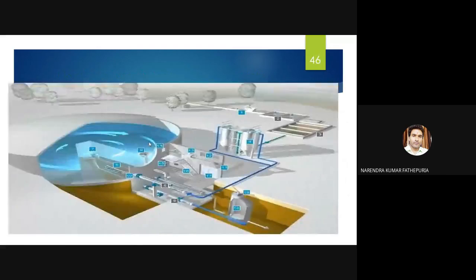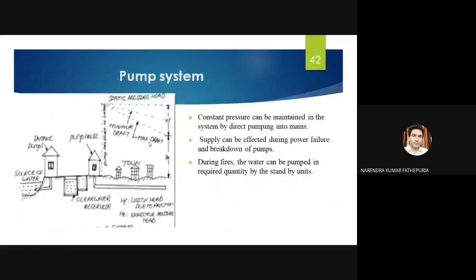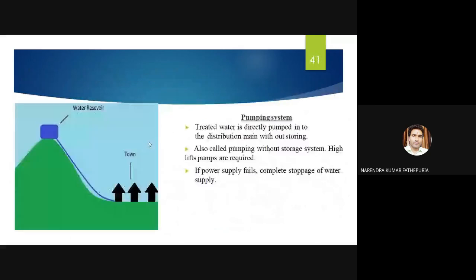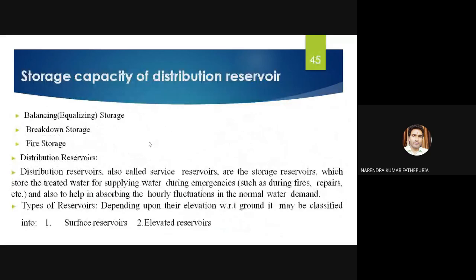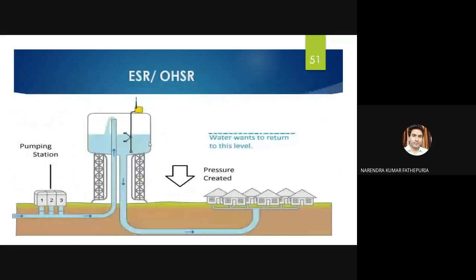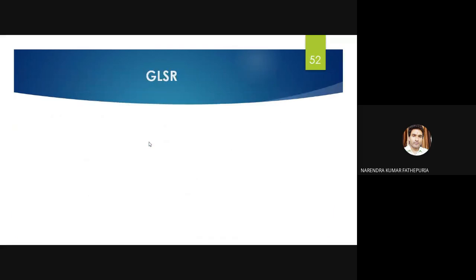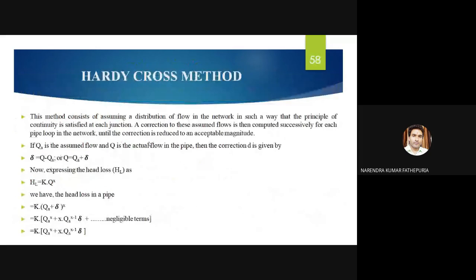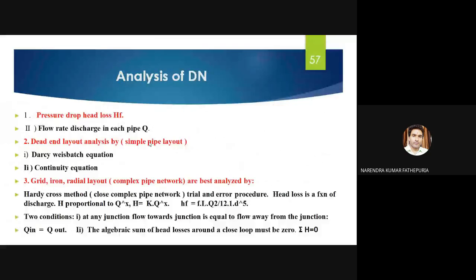Actually, I wanted to finish the water part today so I can easily move to wastewater engineering, but since time is already gone, no problem. We'll not take too much time. Design of distribution networks and the Hardy Cross method are the things I want to discuss today.